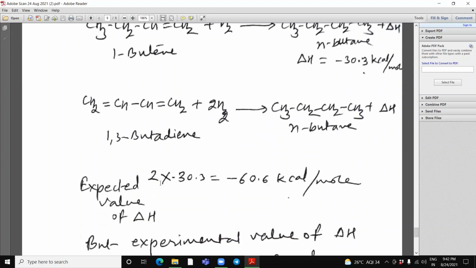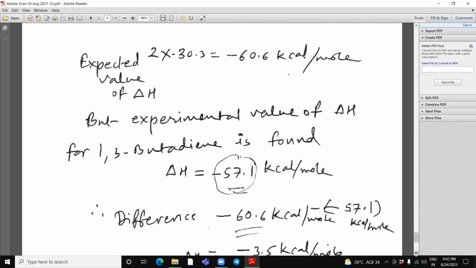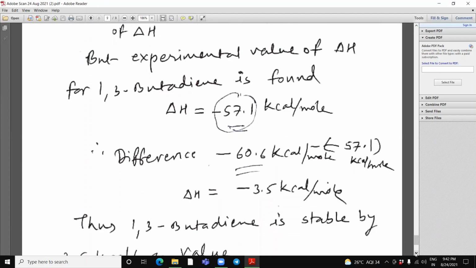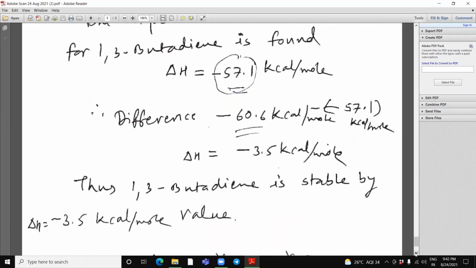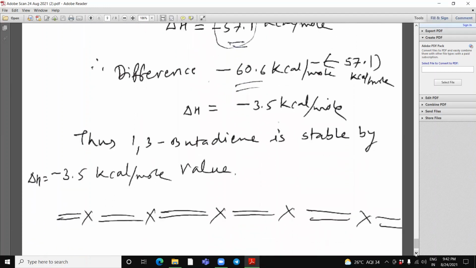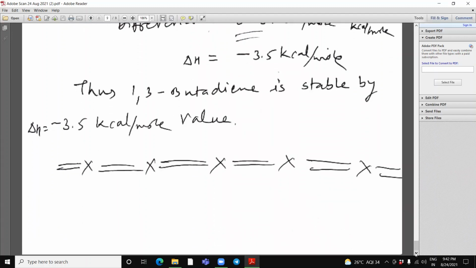So the expected value is 60.6 kilocalorie per mole. But experimentally, the value of delta H for 1,3-butadiene is found to be minus 70.1 kilocalorie per mole. So the difference is minus 3.5 kilocalorie per mole. So thus 1,3-butadiene is stable by minus 3.5 kilocalorie.